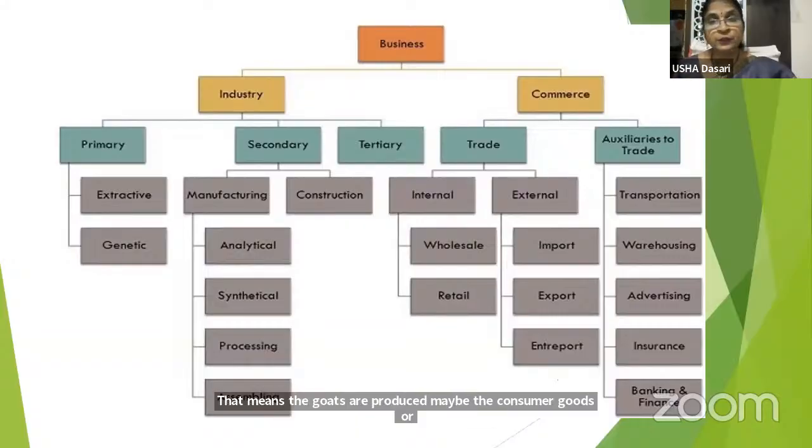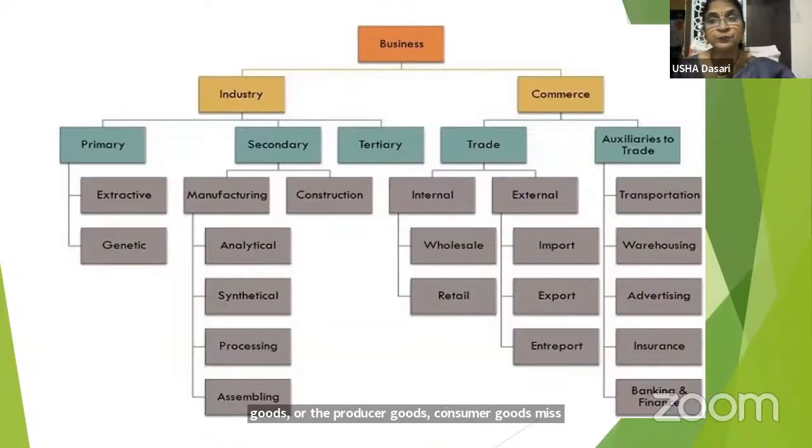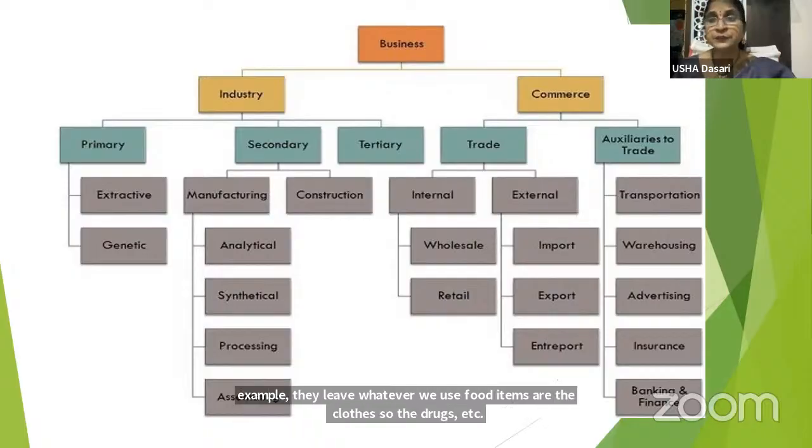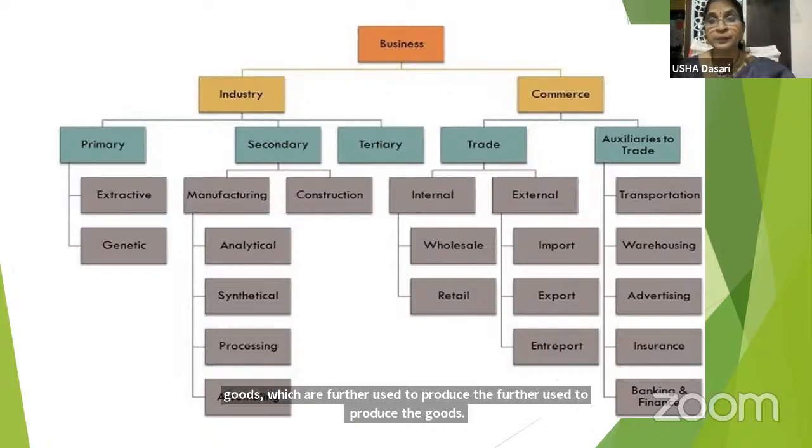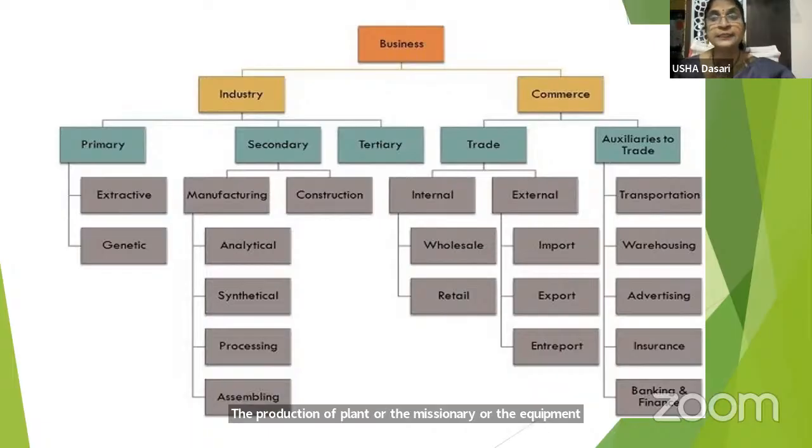Consumer goods, as I told you just now, are used by the ultimate consumer for satisfying their wants, for example food items, clothes, or drugs. Producer goods are the goods which are further used to produce other goods. Plant, machinery, and equipment are examples of producer goods.